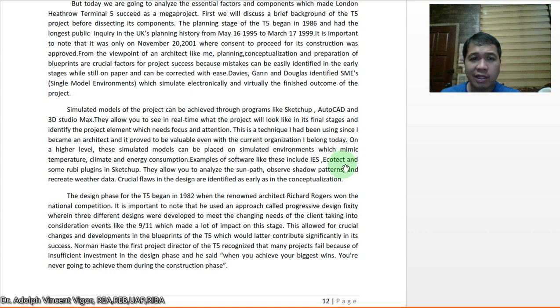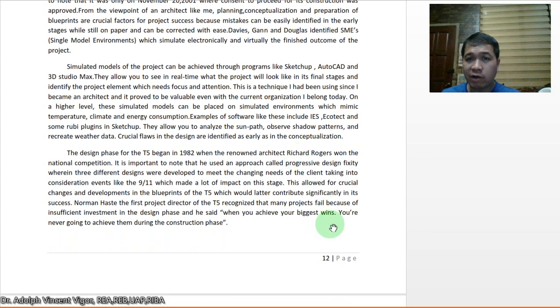Simulated models of the project can be achieved through programs like SketchUp, AutoCAD, and 3D Studio Max. They allow you to see in real time what the project will look like in its final stages and identify the project element which needs focus and attention.